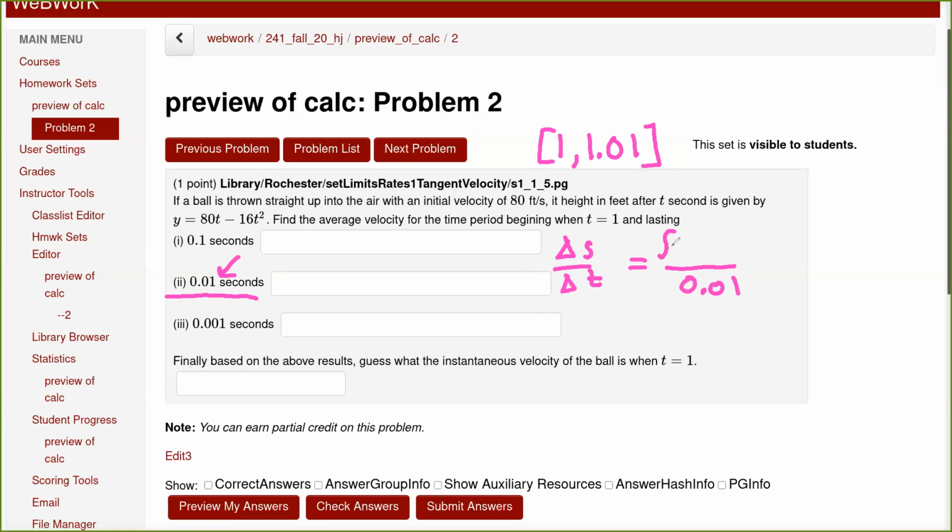And we need the change in height. So that's going to be f of, I'm going to leave that blank for a second and then just write minus f of 1. Can somebody tell me what goes in the blank there? What should I write in that blank?